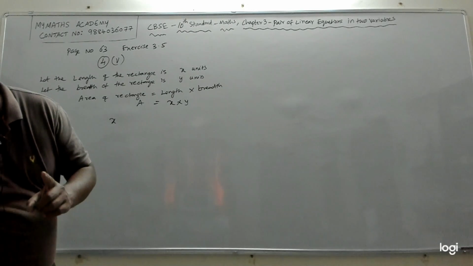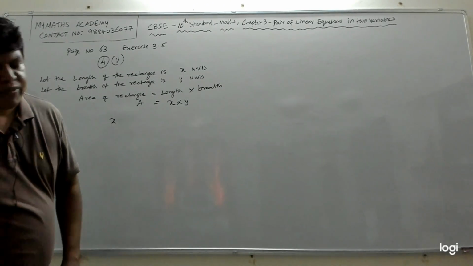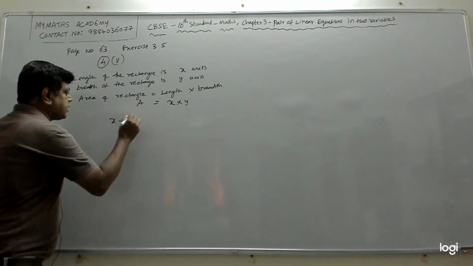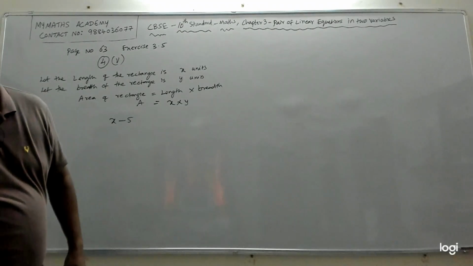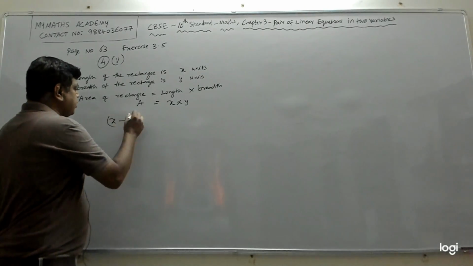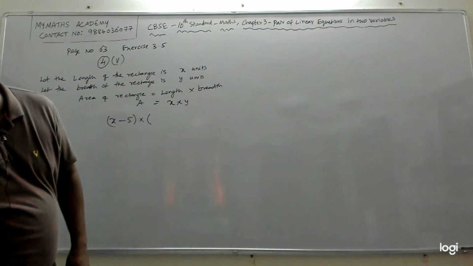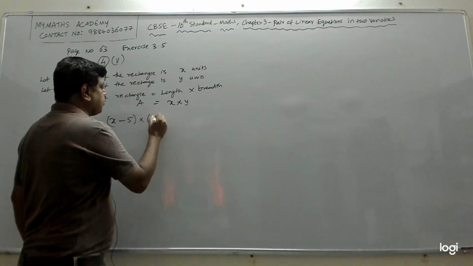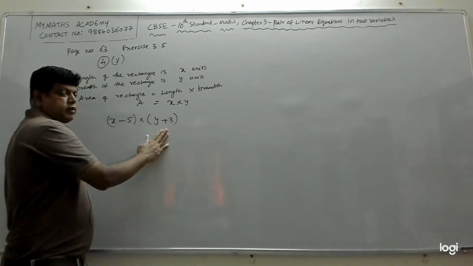The area of the rectangle gets reduced by 9 square units if the length is reduced by 5, which means x is reduced by 5, means x minus 5, and the breadth is increased by 3 units. So y is the breadth, y plus 3. So this is a new length and new breadth.